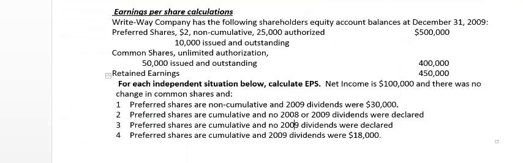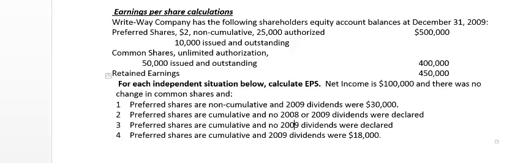The last question was, what if the preferred shares are cumulative and the 2009 dividends that were declared were $18,000? Well, don't forget, we owe these guys $20,000. So all that means is that if you had $18,000 declared, that means that you still owe them $2,000 of the $20,000, and those $2,000 weren't declared.